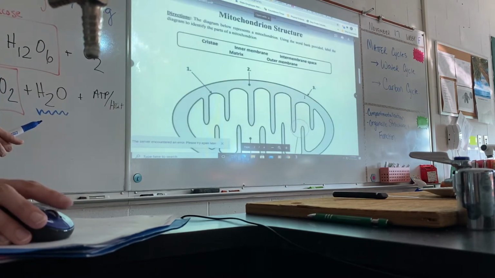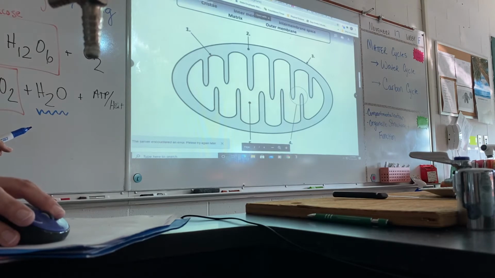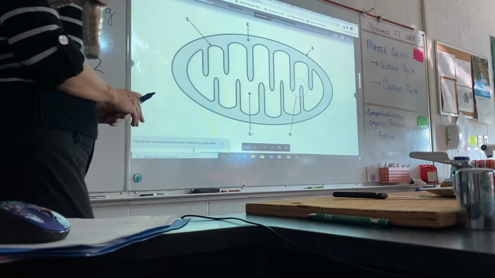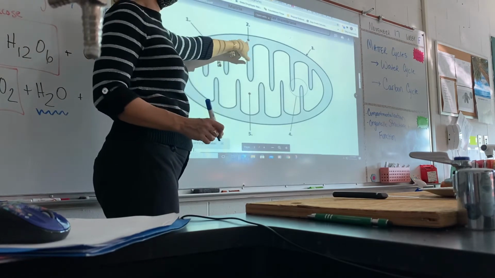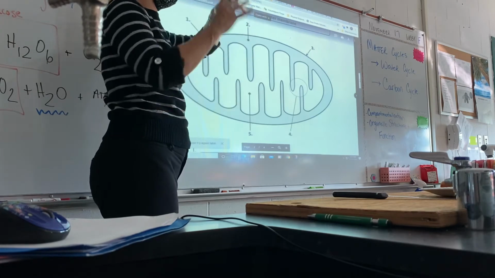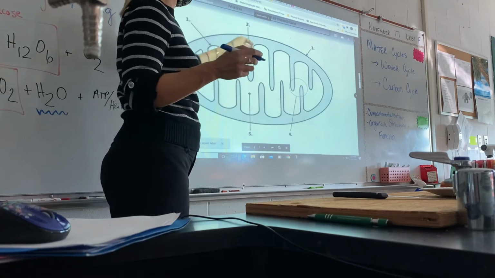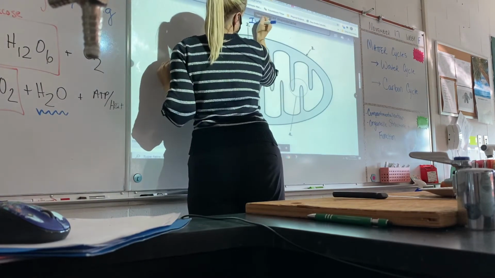Let's do the same thing with the mitochondria. Start with our more obvious common sense structures. So somebody want to give me any of them? 2 is going to be inner membrane, but it's not really pointing to a membrane, it's pointing to a space. So the intermembrane space? Yeah, because number 2 is going to be intermembrane.